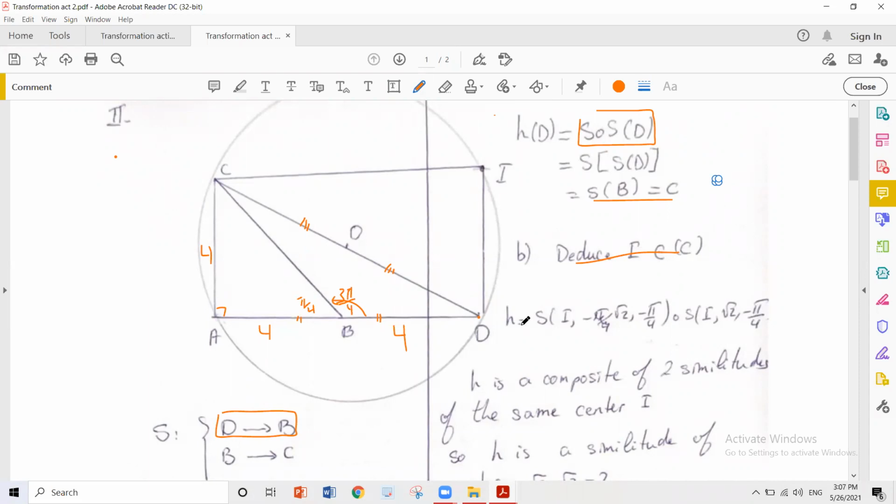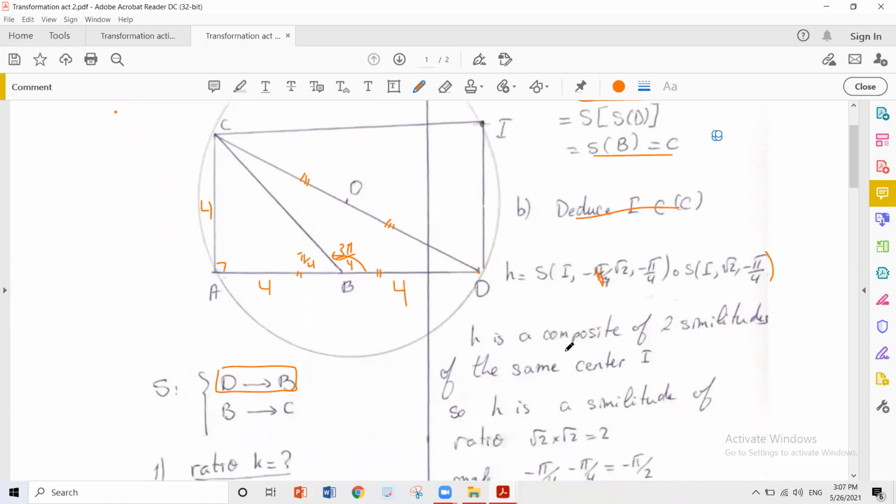To deduce I belongs to C, we have H equal S round S, with S of ratio radical 2 and angle minus pi over 4. H is the composite of two similitudes of the same center.